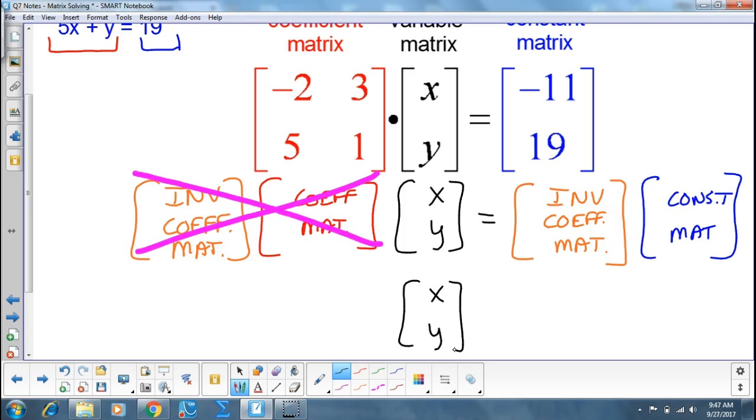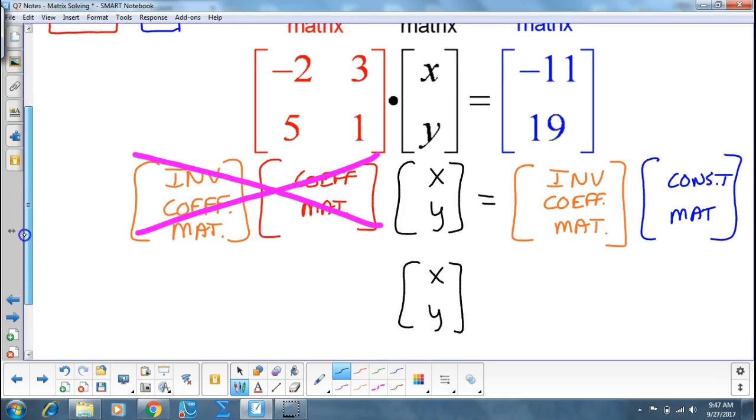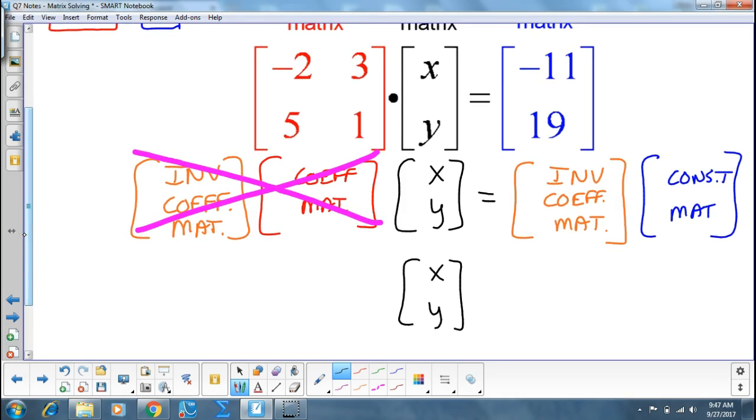Okay? So let's find the inverse matrix of my red one. What is the value of the determinant of that red one? Negative 2 times 1 minus 5 times 3 is negative 17, right?